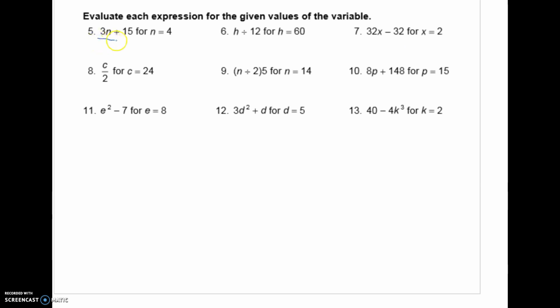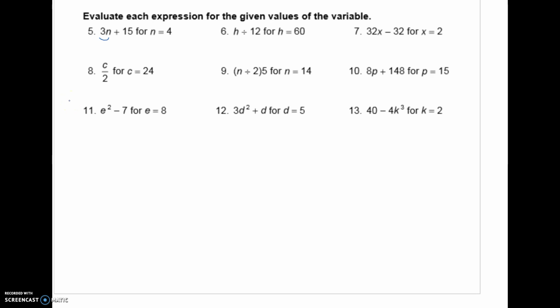Okay, so 3n plus 15, and n equals 4. So we plug 4 for n. Anytime you see a number and a variable right next to each other with nothing in between it, it means multiplication.